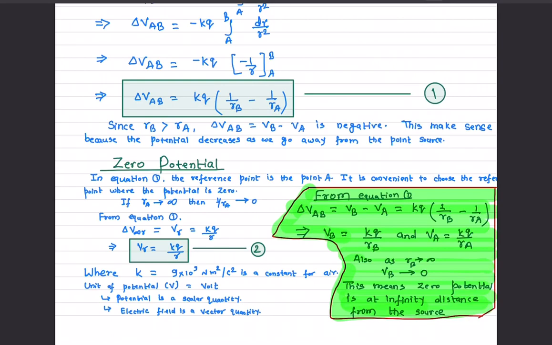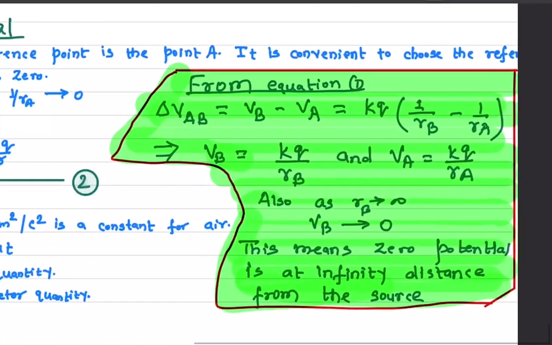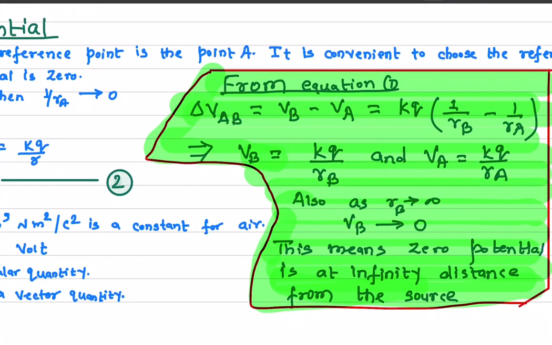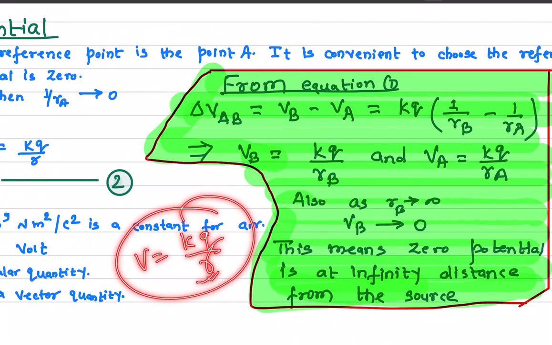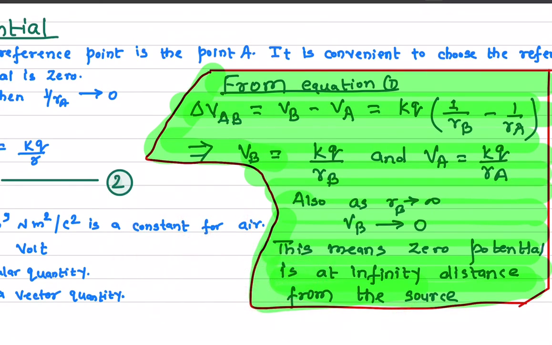So this is the potential at point B, and this is the potential at point A. If you need to generalize, the potential at any point is given by KQ over R. And if R tends to infinity, then the potential tends to 0.